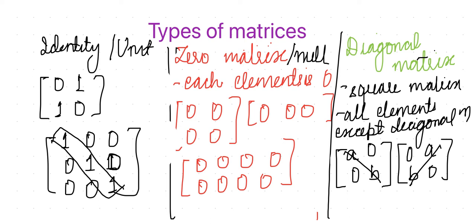We'll be moving on to the next thing, children, that is called the transpose of a matrix. So what is the transpose of a matrix, children? It means we are just interchanging the rows and columns. Suppose this is my matrix A, whose order is 2 into 3.